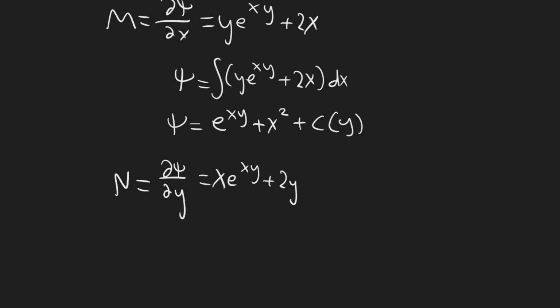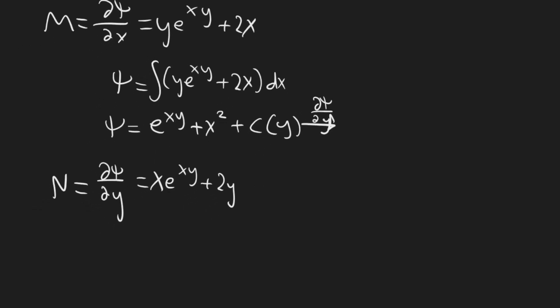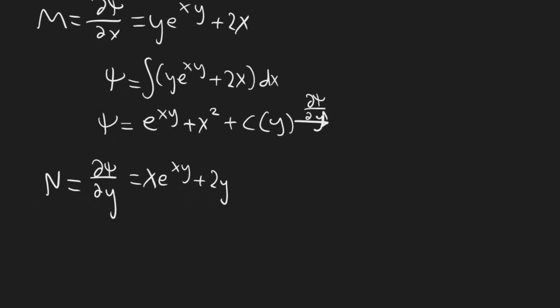Okay, so we're just going to take the partial psi partial y here in order to get it to match this equation right here. And so let's see what that gives us. Partial psi partial y.